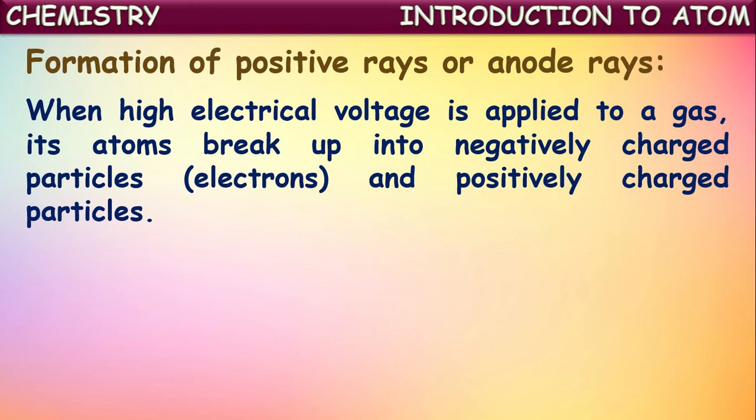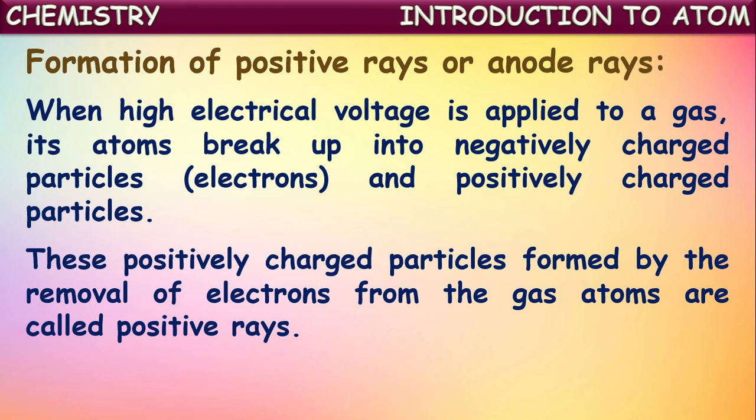High voltage current is applied on a gas at very low pressure. Then the gaseous molecules split up into positively charged particles and negatively charged particles. There, the negatively charged particles were proved to be electrons. So along with the electrons, certain positively charged particles are also emitted from the gas molecules.